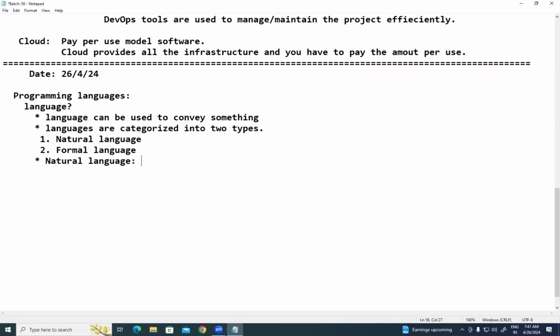Through natural language, we can convey everything and anything. So human beings use natural languages. For example, you take English or Hindi or Telugu, these all come under which category? Natural language.